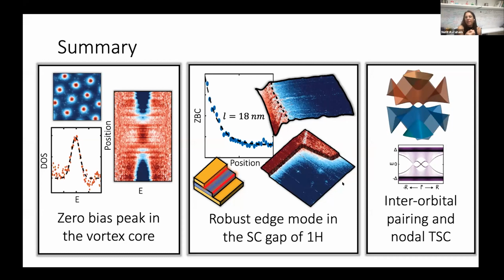We didn't specifically distinguish them, but one thing is that we see this edge mode that exists not on a physical boundary, just on the 1H termination, where there is a kind of virtual boundary. It's not a physical boundary of the layer. It's just a boundary which separates different regions with different mirror symmetry properties.